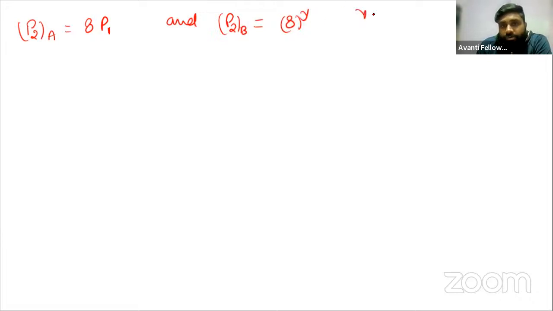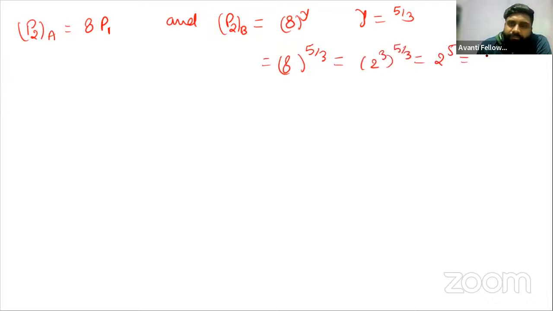Now P2A you will have as 8 times P1, and P2B you will have as 8 raised to the power gamma times P1. Now gamma for monoatomic gas is 5 by 3. So it is 8 raised to the power 5 by 3. You can write 8 as 2 raised to the power 3, so it will become 2 raised to the power 5, which is 32.